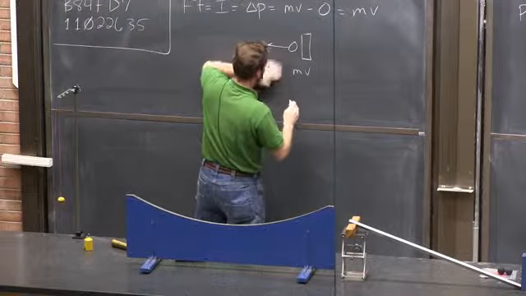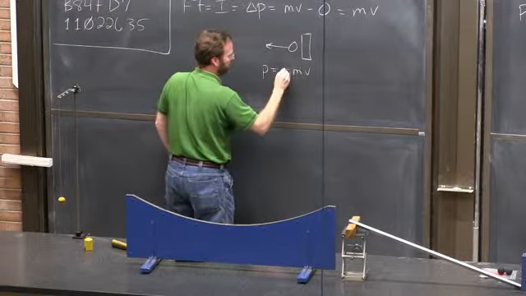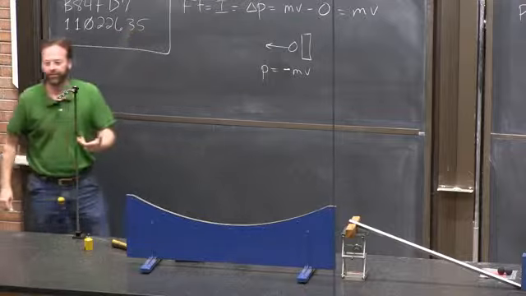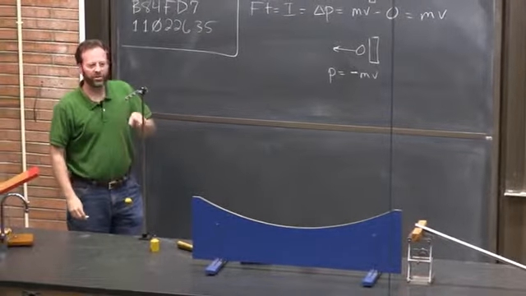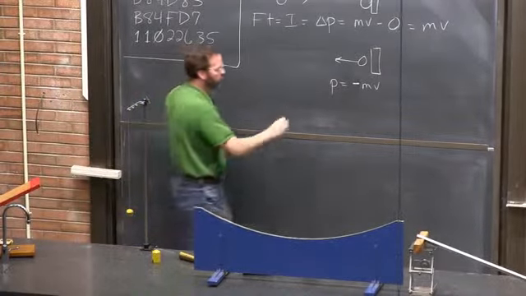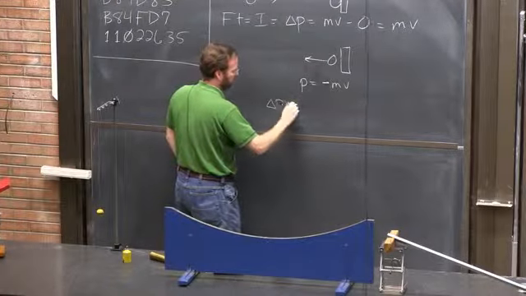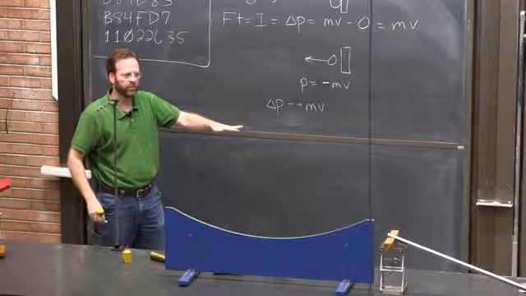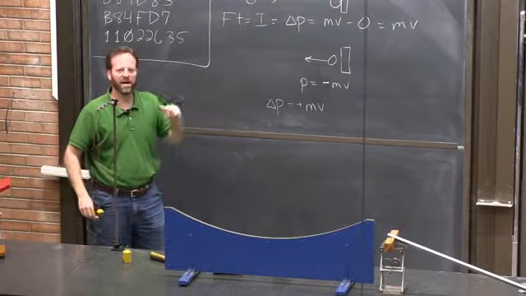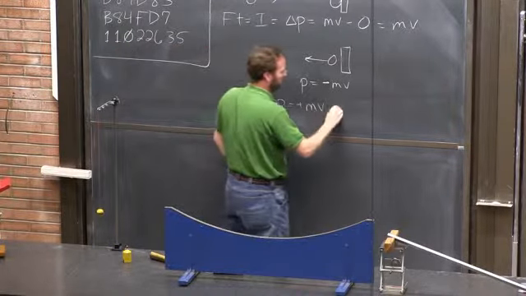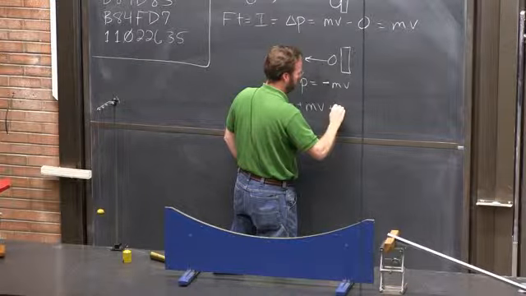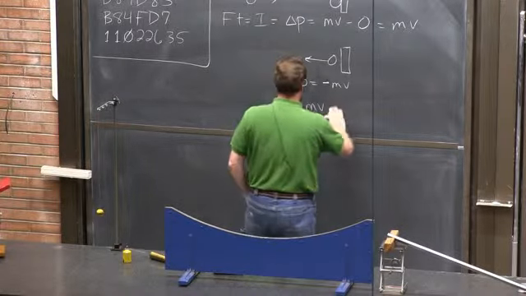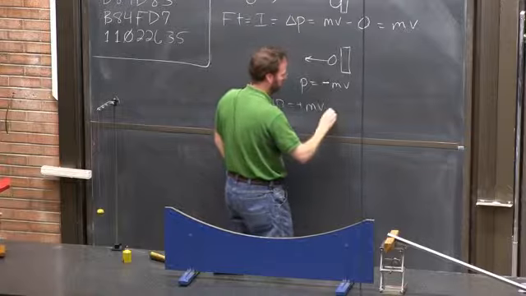Now I should actually put the minus sign there because it's a vector. So the bouncy ball, what's its total change in momentum? It comes in with some momentum before it hits, stops, turns around, and comes back with the difference between the initial and the final.